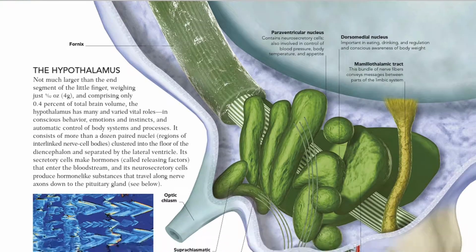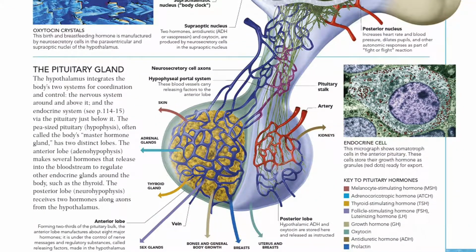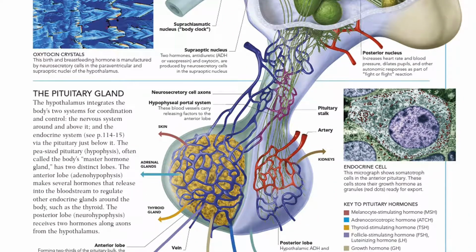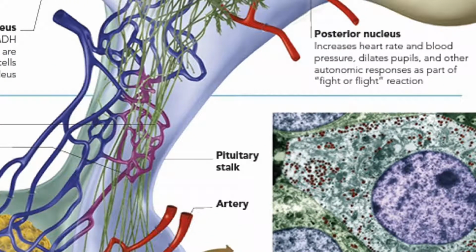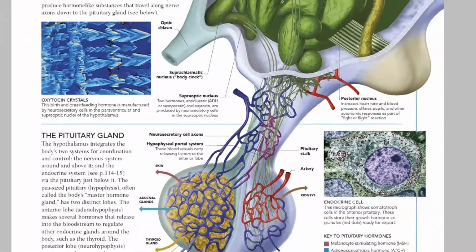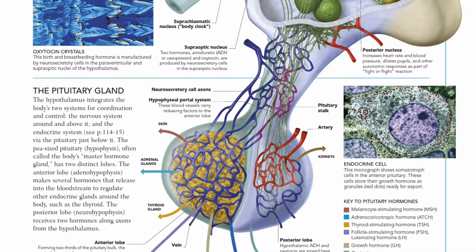And between the hypothalamus and this is the pituitary gland. So in between the hypothalamus and pituitary gland, the pituitary stalk or infundibulum is present. So this is the pituitary stalk they are showing, okay.